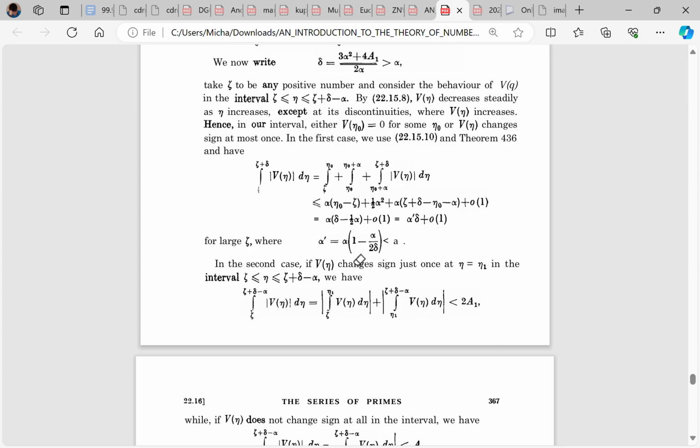Is it less than alpha prime times delta? Alpha prime is this. So you times this by delta, you get, this is half alpha squared.